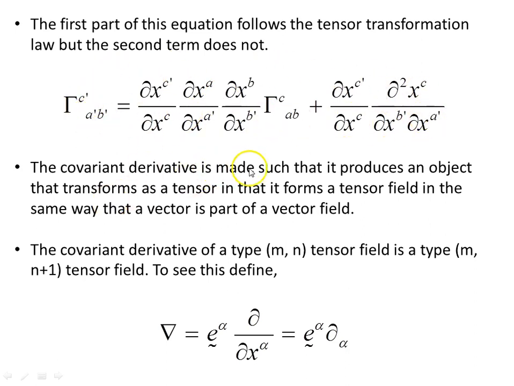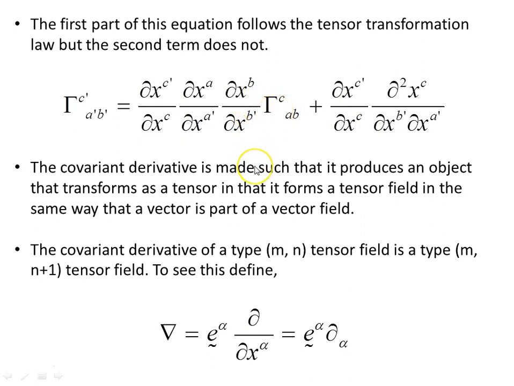Now the covariant derivative is made such that it produces an object that transforms as a tensor, in that it forms a tensor field in the same way that a vector is part of a vector field. So the final object we end up with after covariant differentiation, taken as a whole, when you evaluate it, produces a tensor object which transforms as a tensor object, even though it contains the gamma things here which do not transform as tensors.